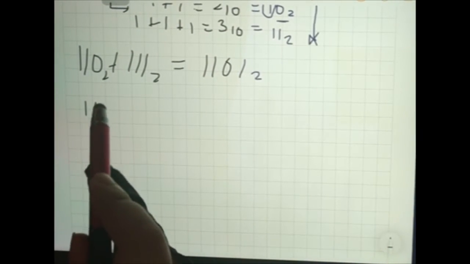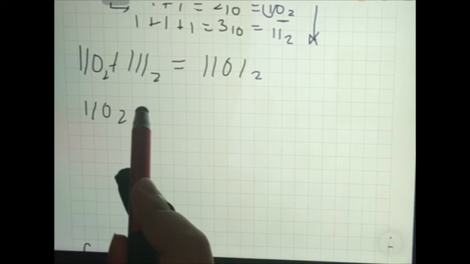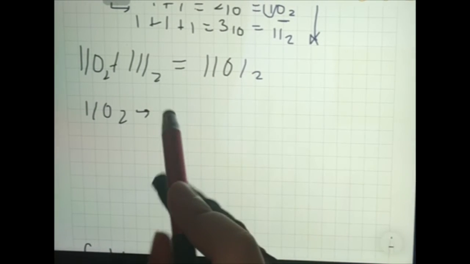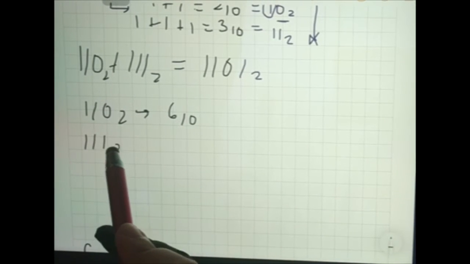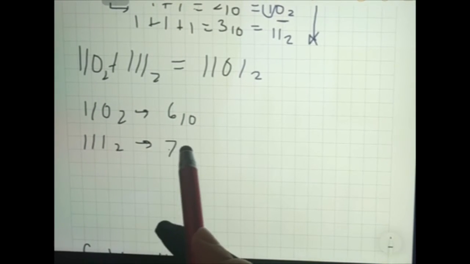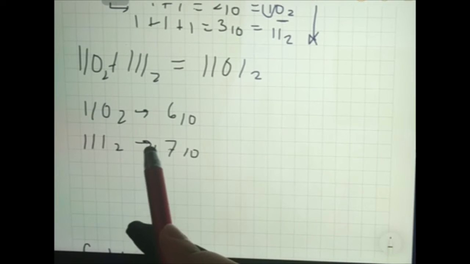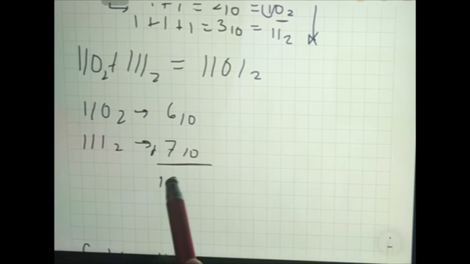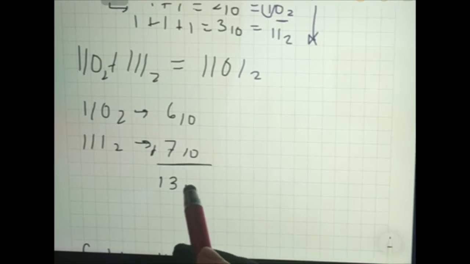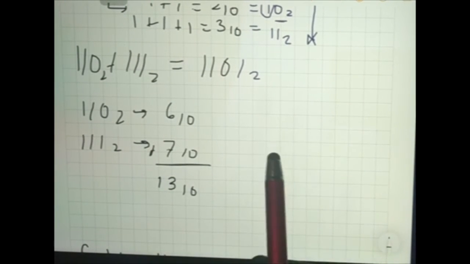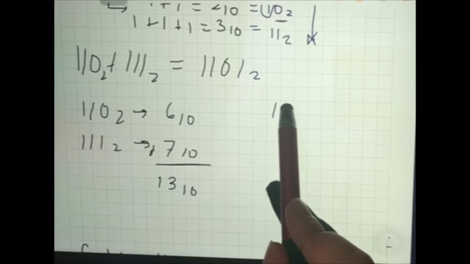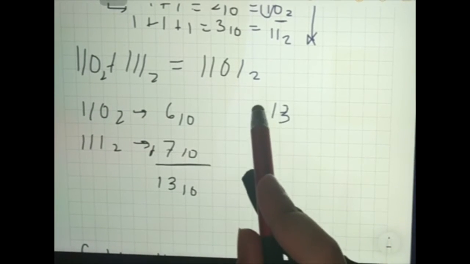So 110 base 2 is the same as 6 base 10. 111 base 2 is the same as 7 base 10. So we add up these two numbers is 13 base 10. So once you get that, we convert it back to the given base.